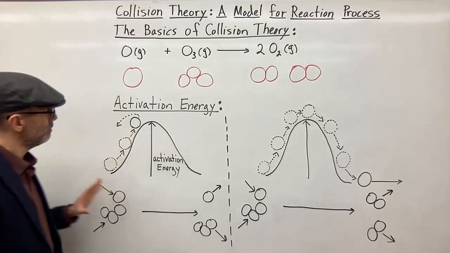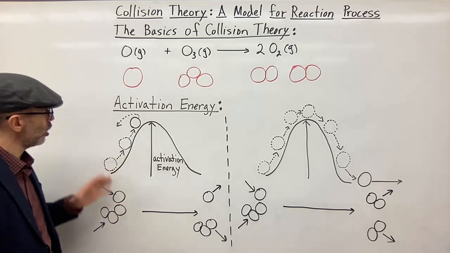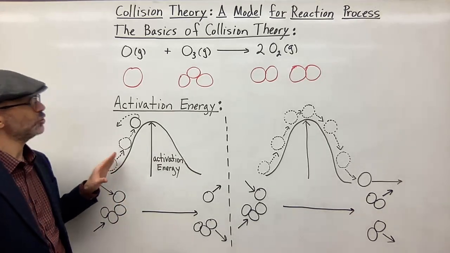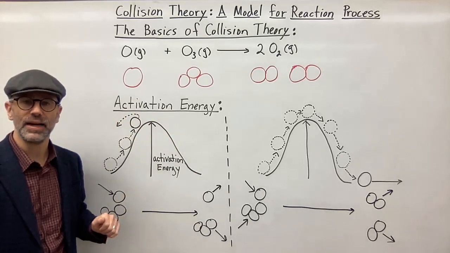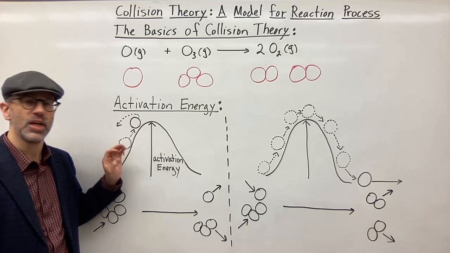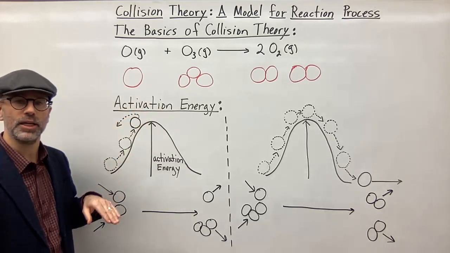So I want to use an analogy of a ball rolling up a hill. In order to get the ball to roll over to the other side of the hill, I need to supply the ball with enough energy to reach, at the very least, the top of the hill.